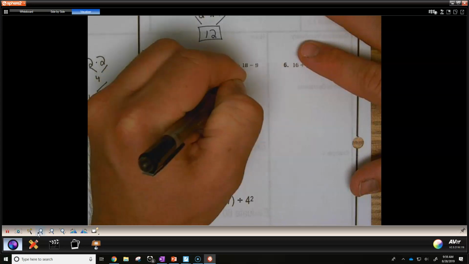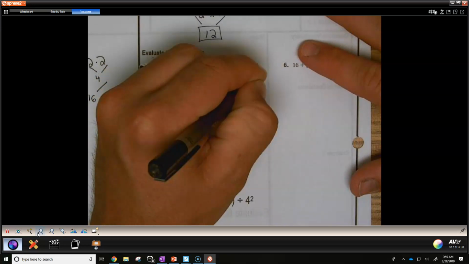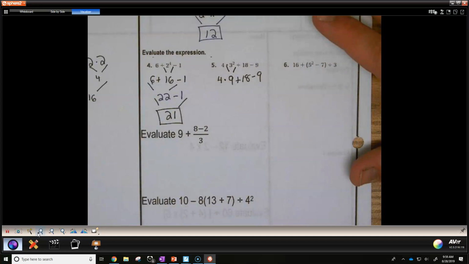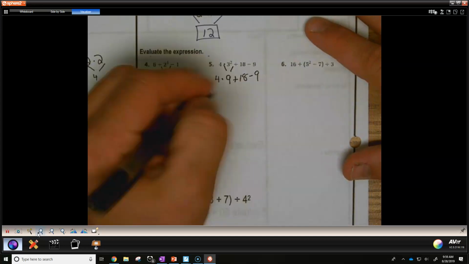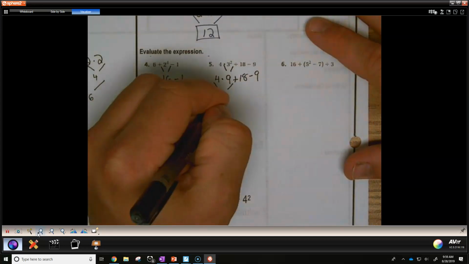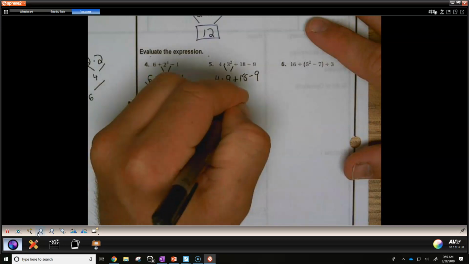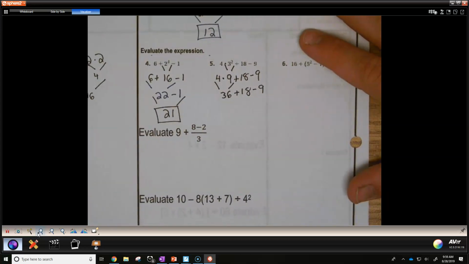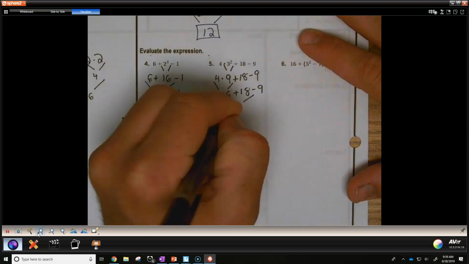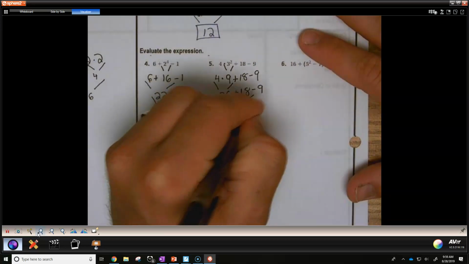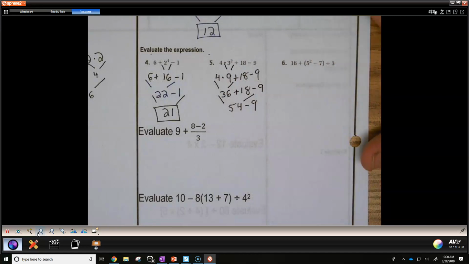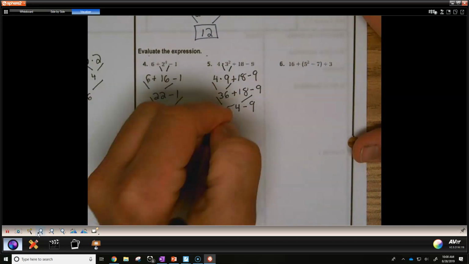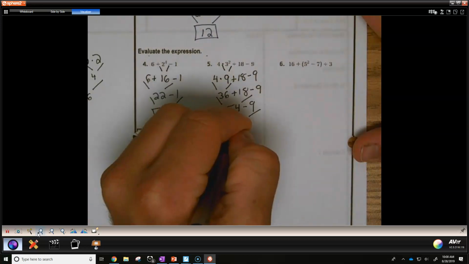So 4 times 9 plus 18 minus 9. What's next? Then I did 4 times 9 and got 36. I rewrite my equation. And then I did 36 plus 18 and got 54. Then 54 minus 9 is 45.